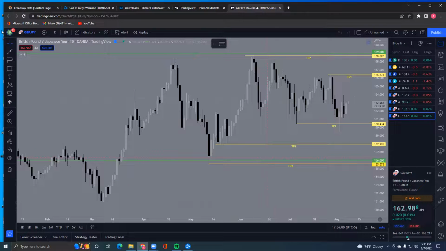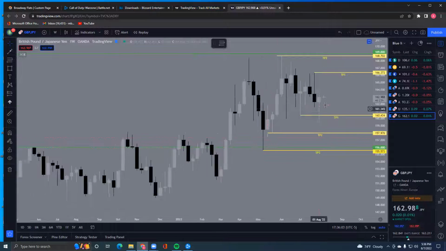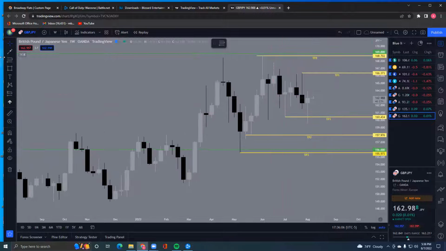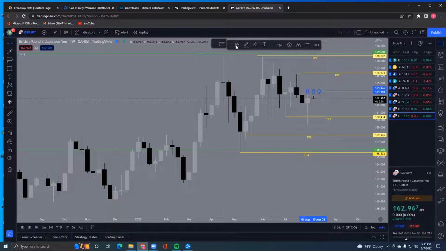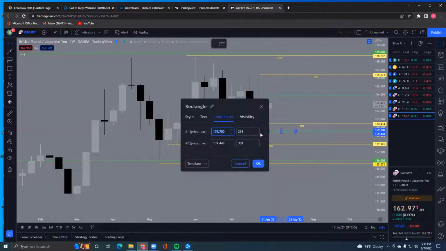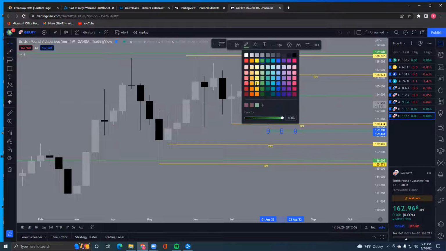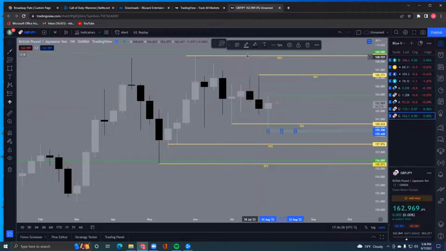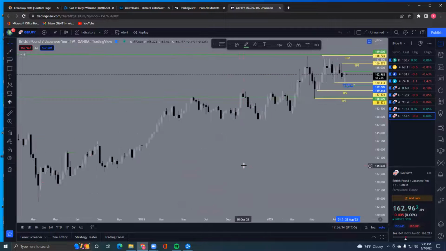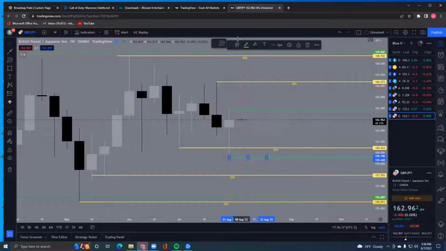Go to the daily. You can see right here on the weekly, they just tested that previous low, and we can go ahead and trap it. Boom. Switch that to green. Switch this one right here. I do have it saved.